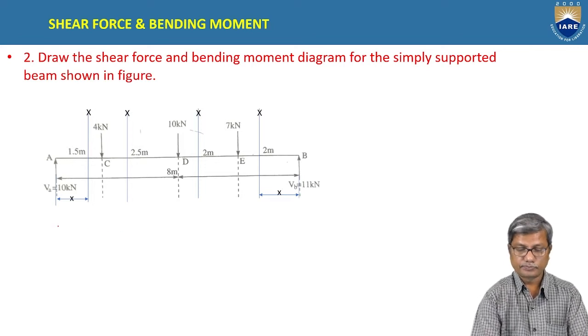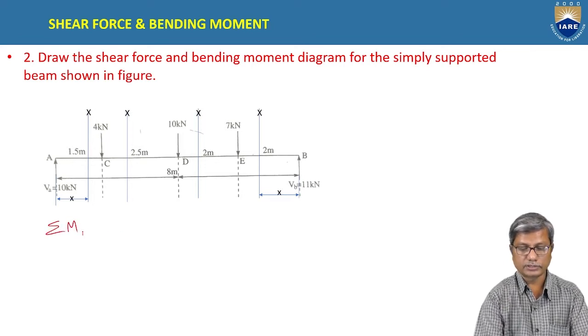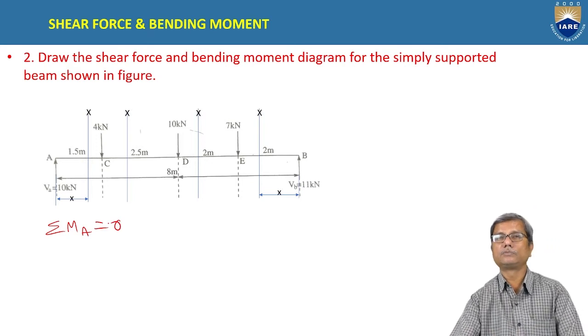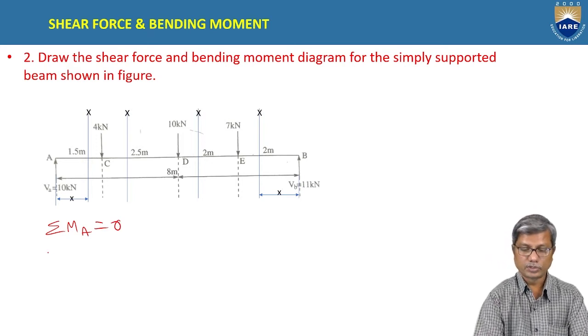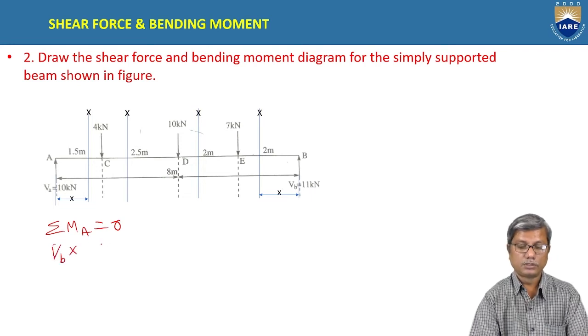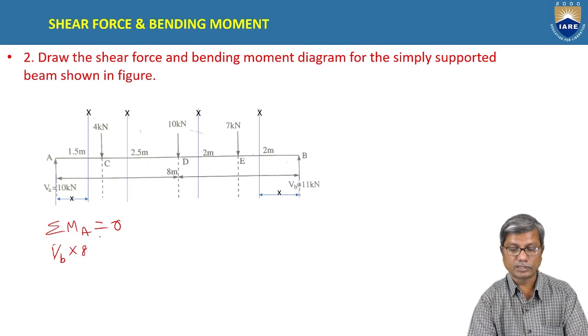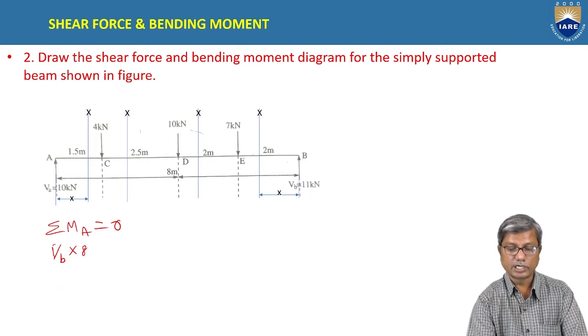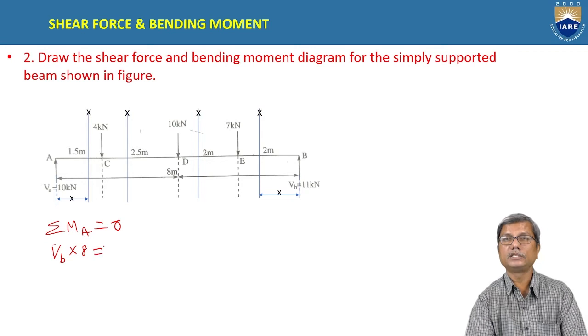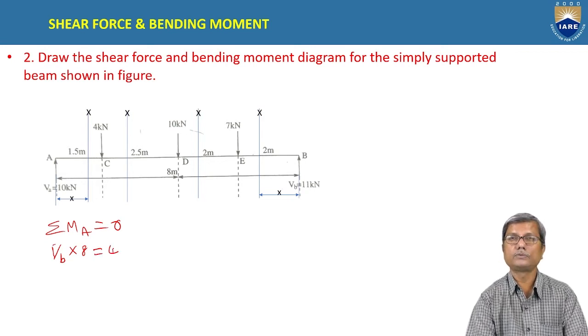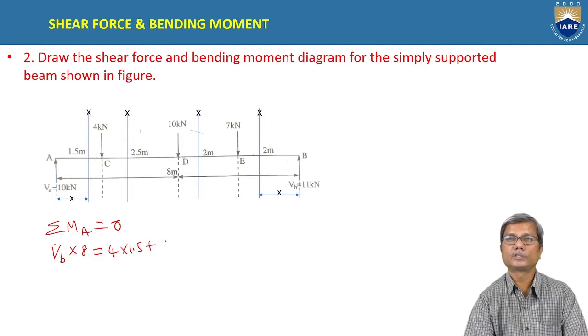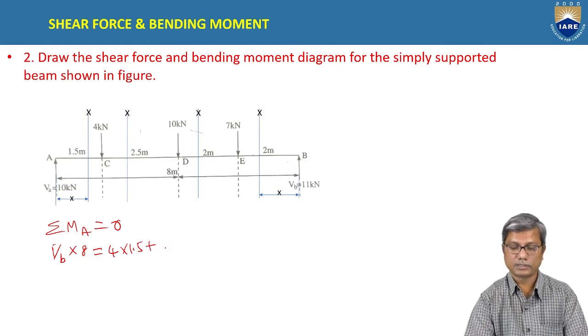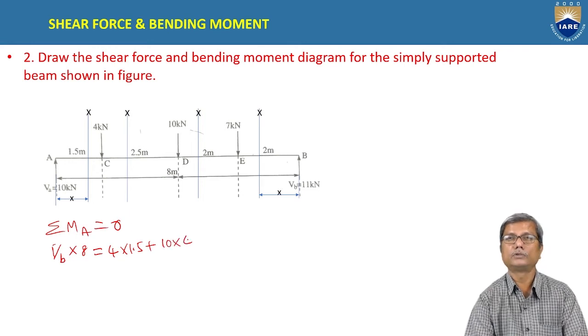And before that, we will find out the reactions. By applying the condition sigma MA equal to 0, you will get VB here. VB into the total span, which is 8 meters. So VB into 8 is equal to 4 into 1.5, taking moments at A, so distances from A we will take, plus 10 into 4 plus 7 into 6.